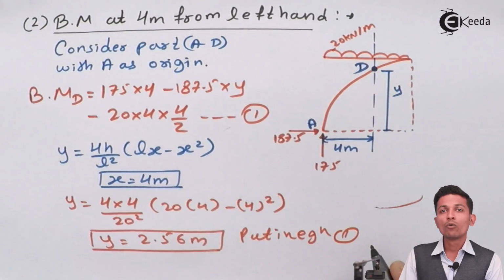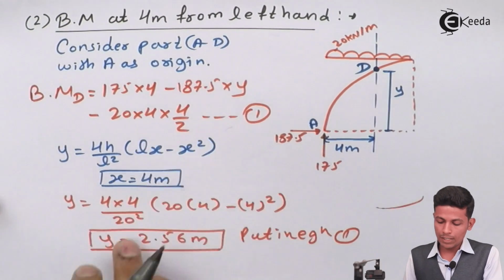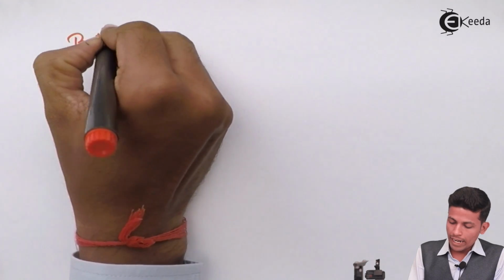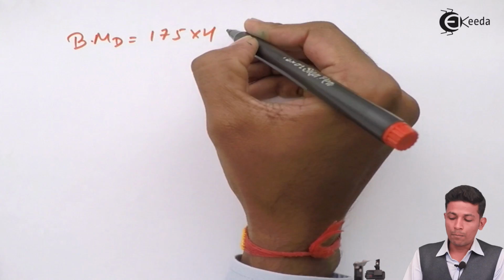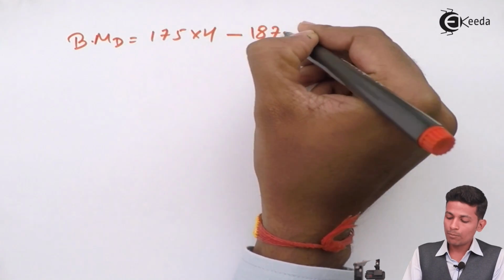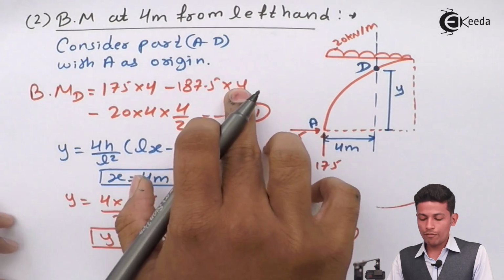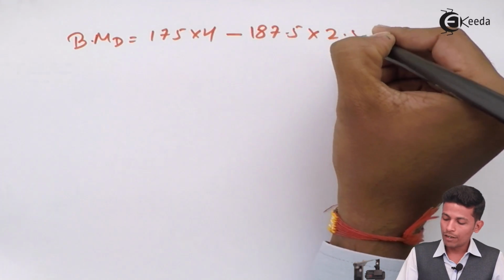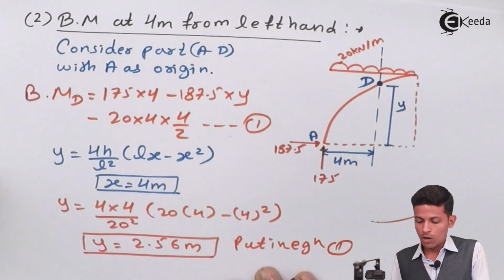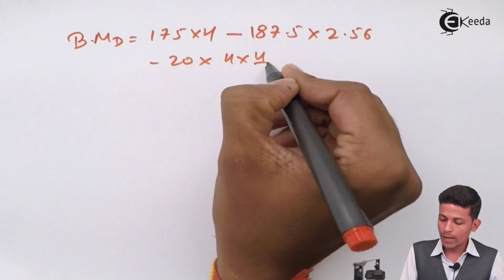Now put this value in equation number 1. So the bending moment at D will be 175 into 4, minus 187.5 into y, and instead of y we put the value 2.56, now minus 20 into 4 by 2 into 4.